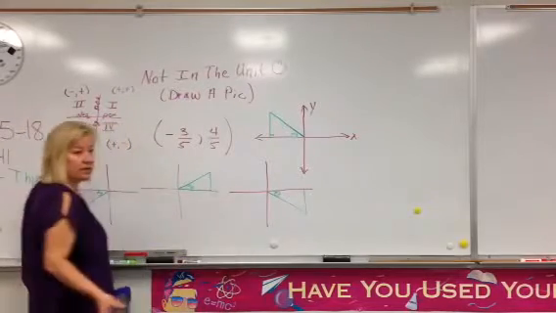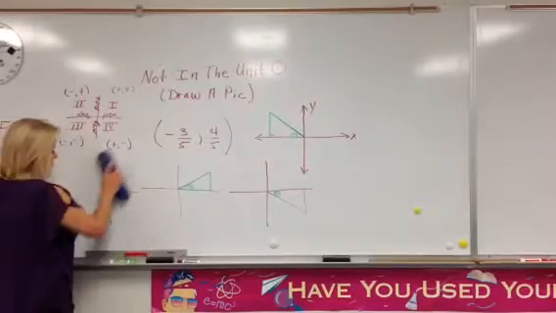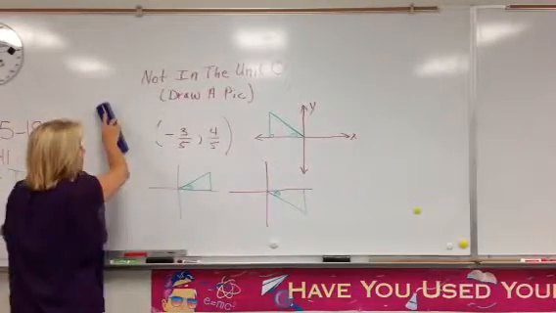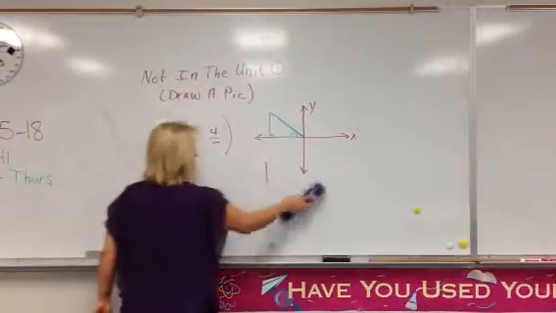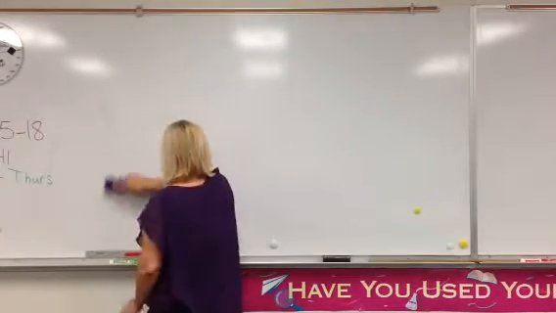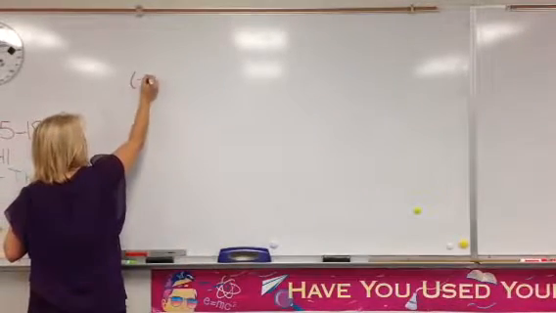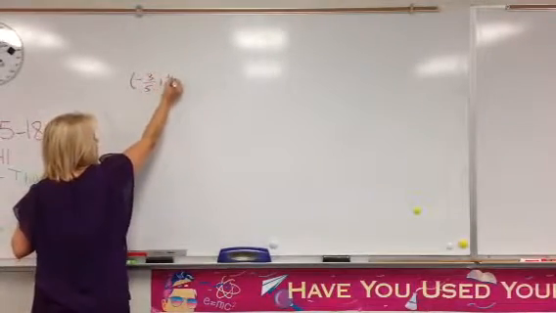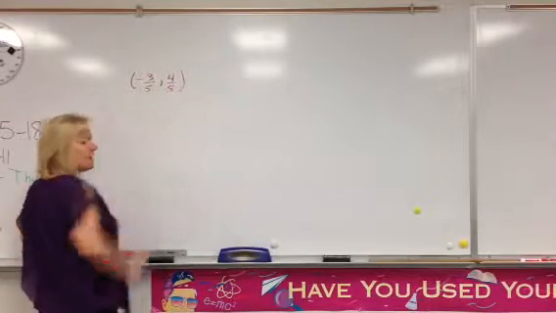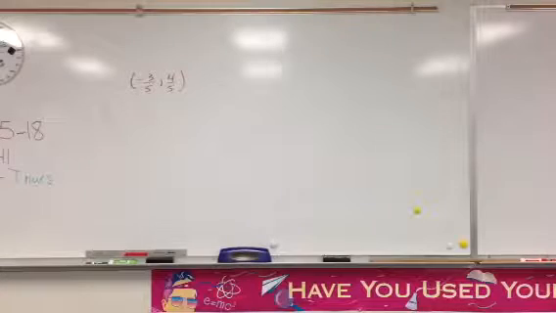Okay, can I erase this? I'm going to rewrite this ordered pair. Was it -3/5, 4/5? Is that what it was? Sometimes they'll tell you what quadrant it's in. Somehow you have to figure out what quadrant it's in.